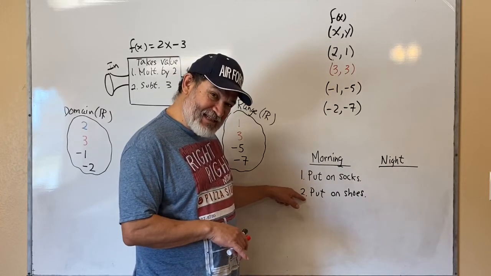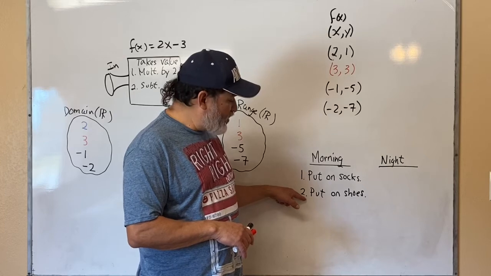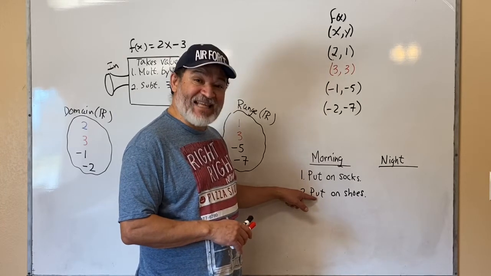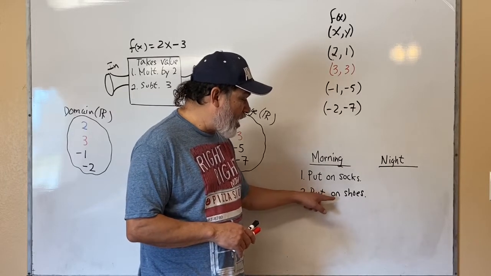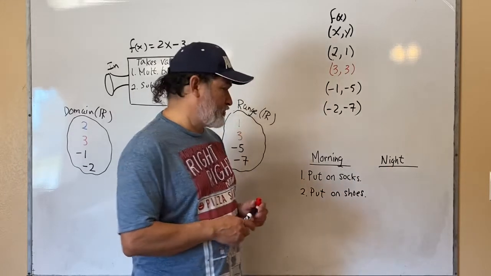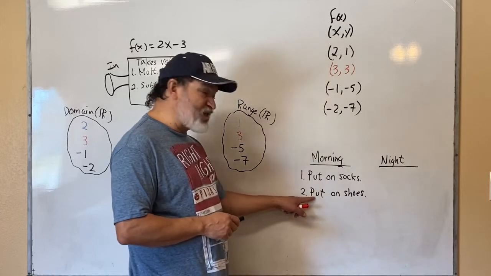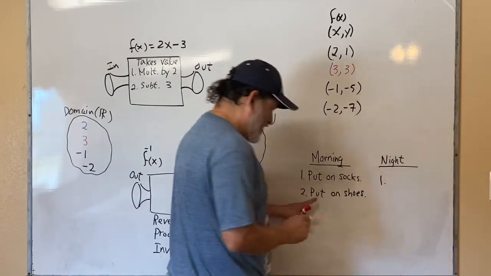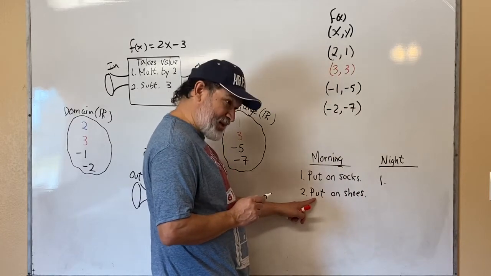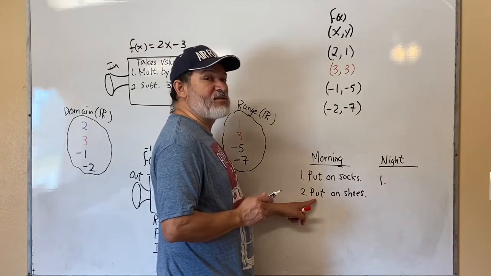At night, we undo what we did in the morning, the last thing. So at night, we take off our shoes. We undo this. So at night, let's undo put by take off.